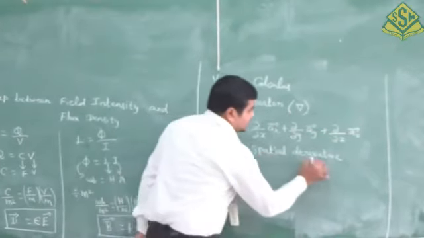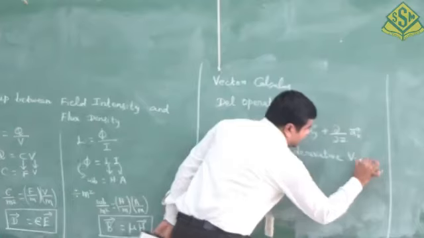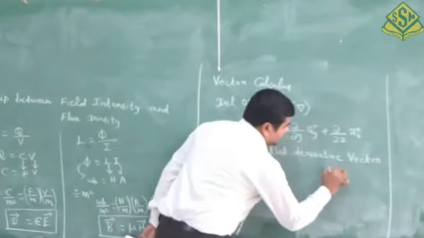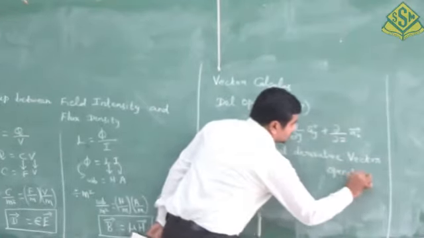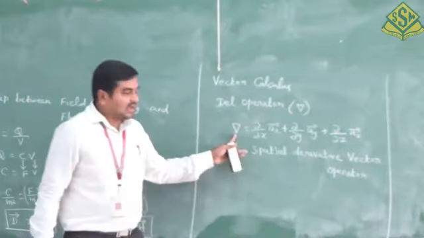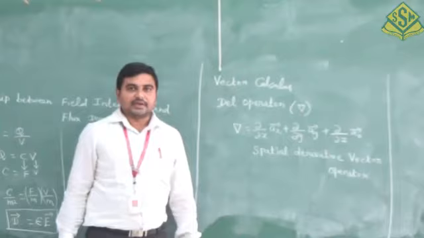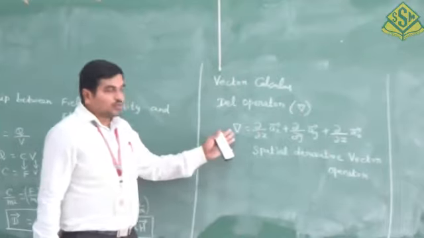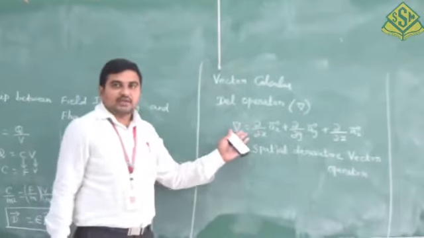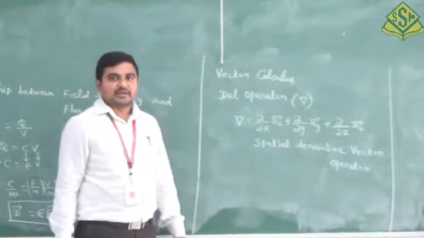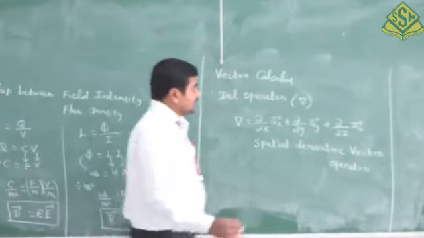So this del is called the spatial derivative vector operator. Now we are going to use this vector operator for scalar and vector quantities.